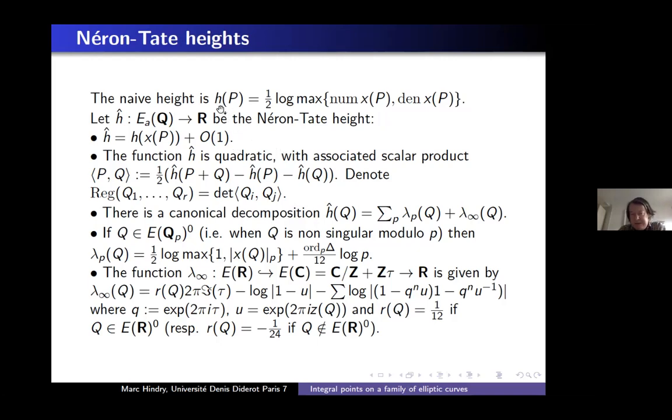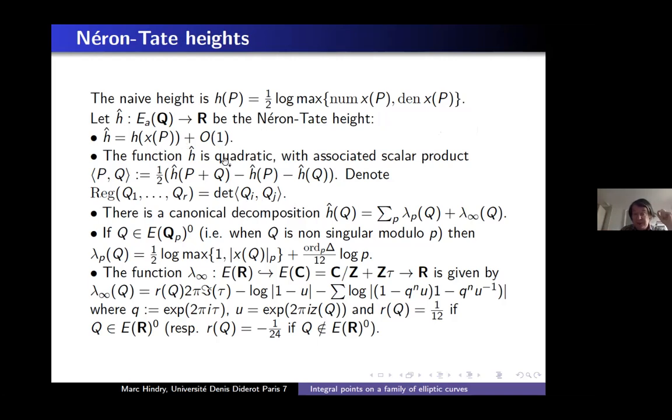First, I recall that the naive height of a rational point is essentially the maximum of the numerator and denominator of its x coordinate. In our context, it's natural to take 1/2 of the log, but that's not that important. Well, it's important that it's a logarithmic height. Then the Néron-Tate height is a quadratic function that is almost equal to h.